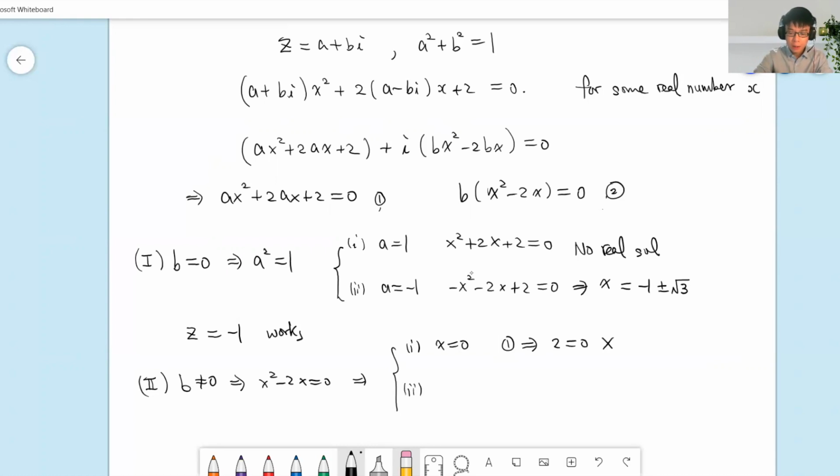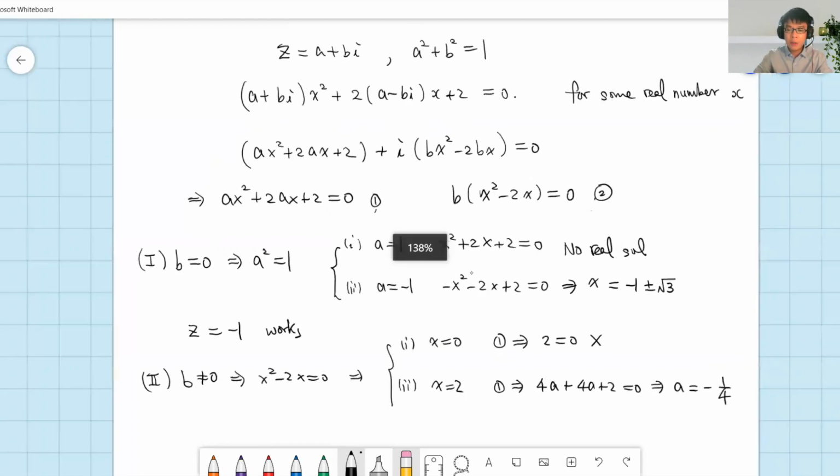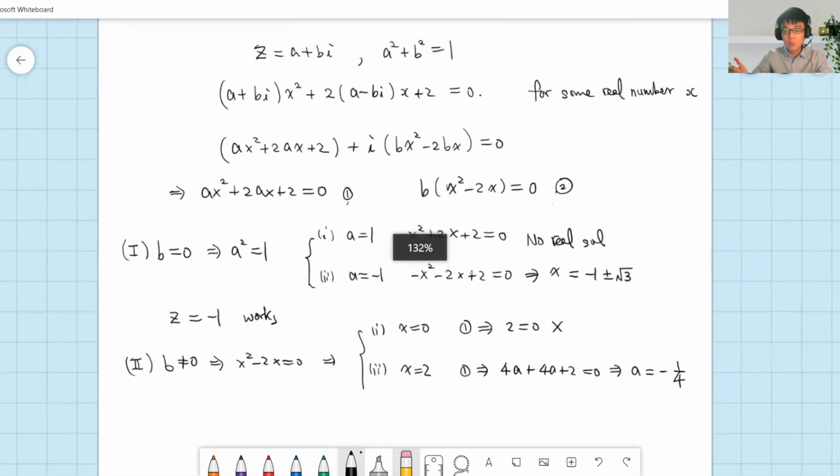And second, let's consider x equals 2. That's the real solution. Plugging into the first equation, we get 4a plus 4a plus 2 equals 0. And then we get a equals minus 1 over 4. And now we know a squared plus b squared equals 1.